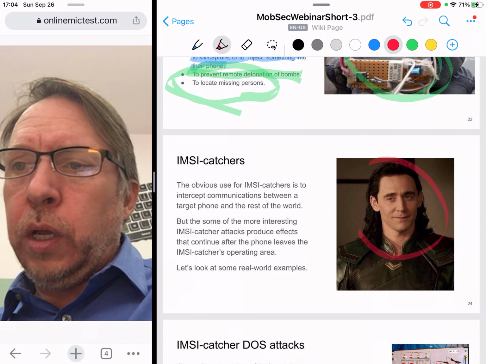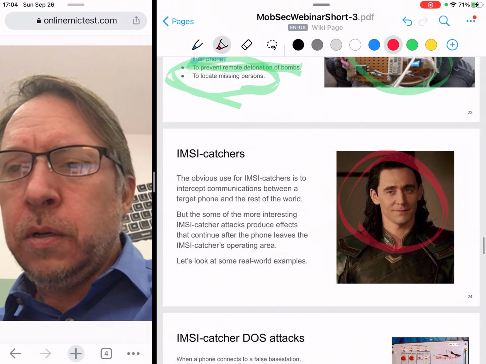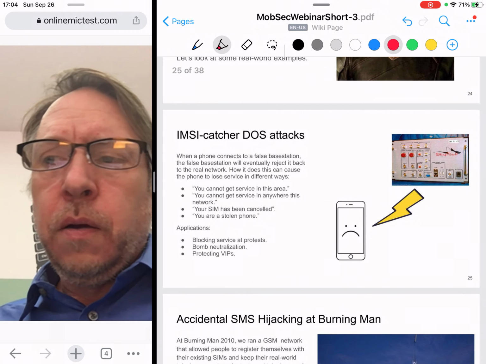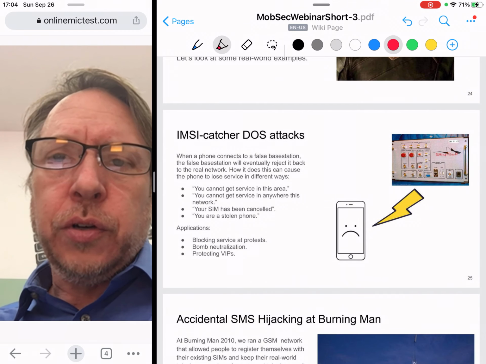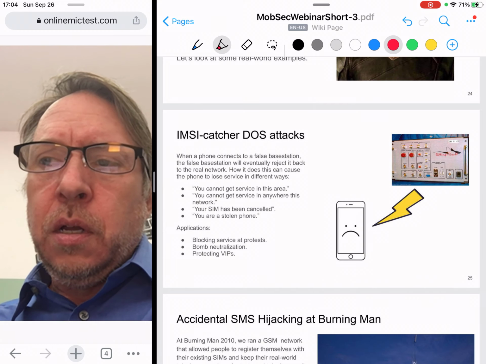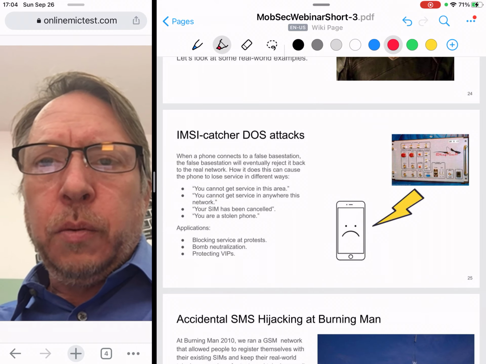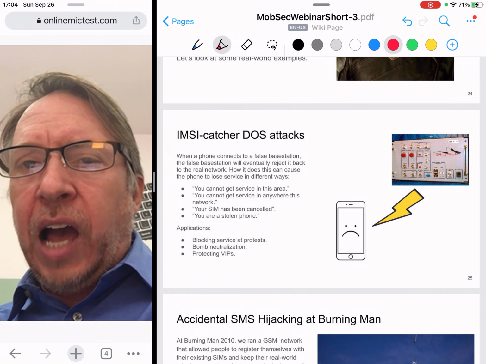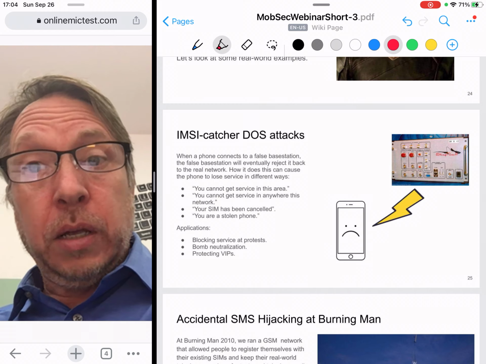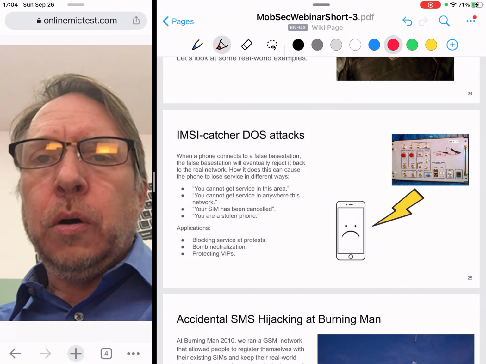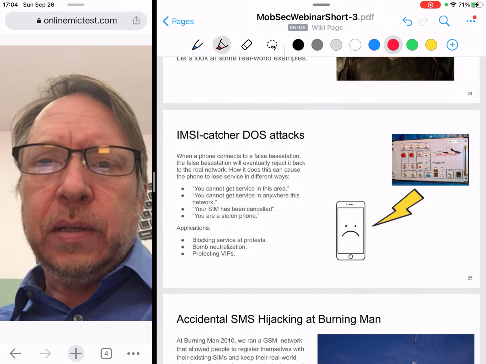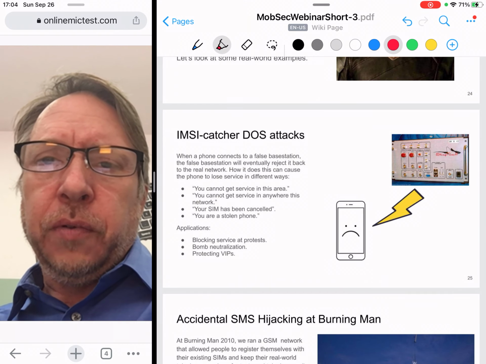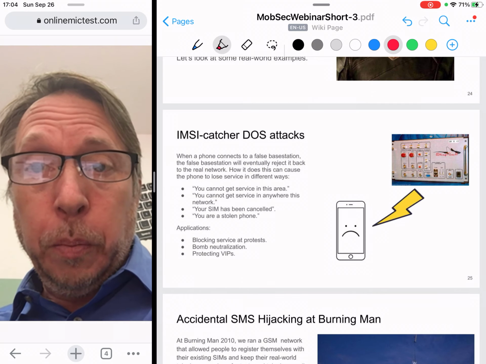So first I want to talk about IMSI catcher denial of service attacks. In particular, denial of service attacks whose effects persist after the phone has left the operating area of the IMSI catcher. So the short of it is, when a phone comes and attaches to a false base station, at some point the false base station has to return that phone back to the public network by telling the phone you can't get service here for one reason or another.